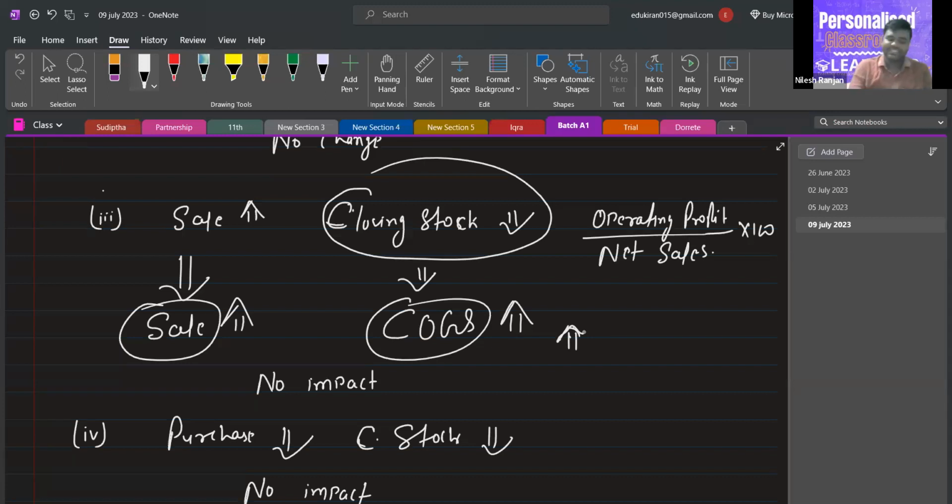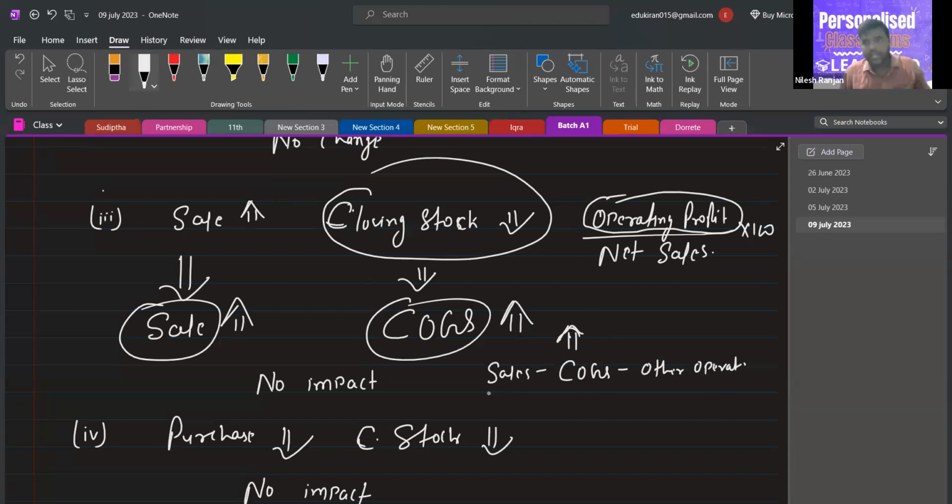Actually, operating profit will not change. If we take this concept, you can see operating profit is always equal to sale minus cost of goods sold minus other operating expenses.